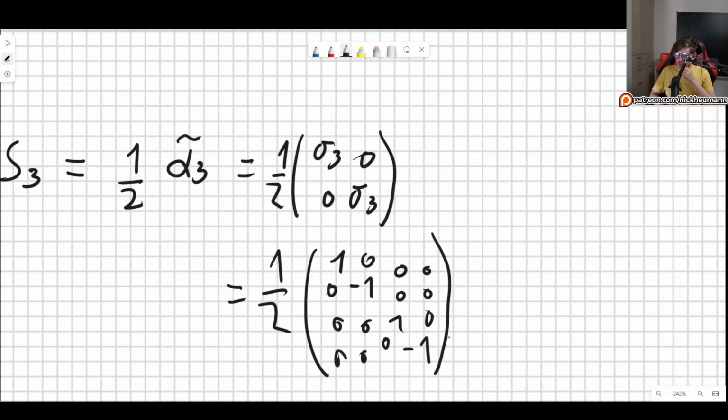Since it's already a diagonal matrix, we can see that it has eigenvalues of plus minus 1/2. The matrix itself has plus minus 1, but we are multiplying by 1/2. So we have eigenvalues of plus or minus 1/2 with double degeneracy.